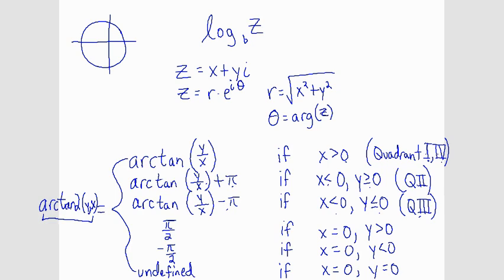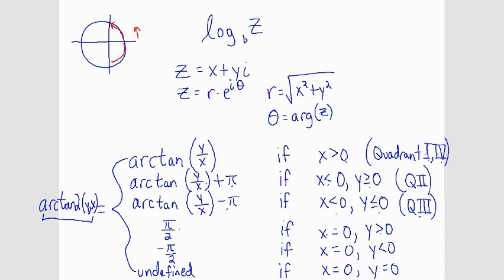But think about if x is equal to 0, then we get a 0 in the denominator, and we're undefined. So this is where we just use the piecewise definition and say it's pi over 2 if x is equal to 0 and y is greater than 0. That would be above the x-axis on the y-axis, which would mean it is a full 90 degree or pi over 2 rotation.